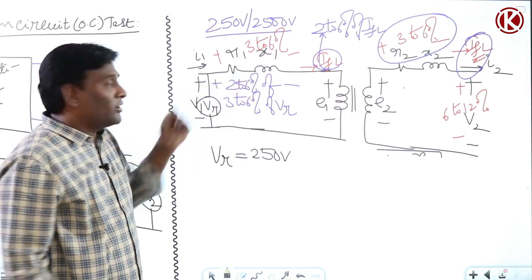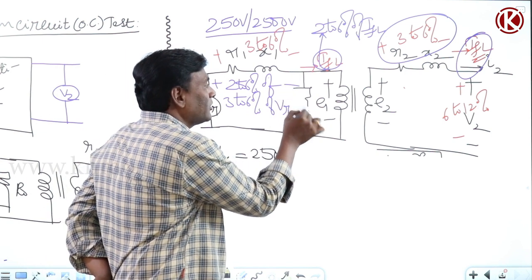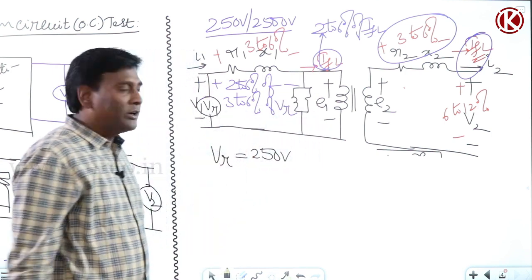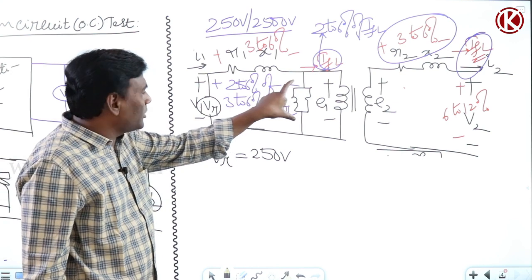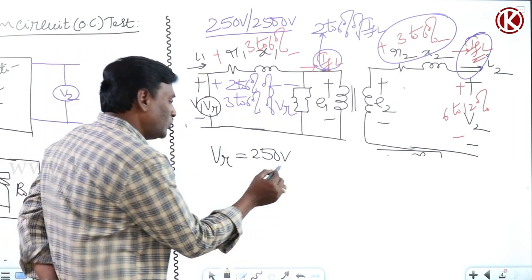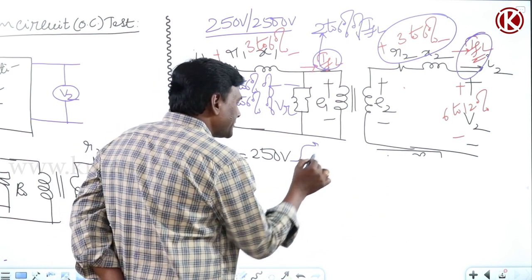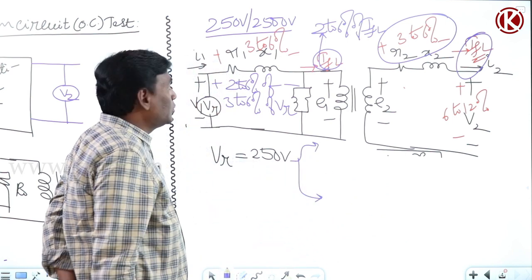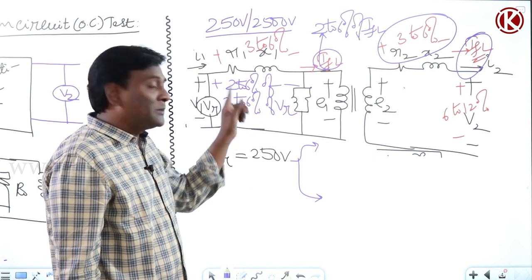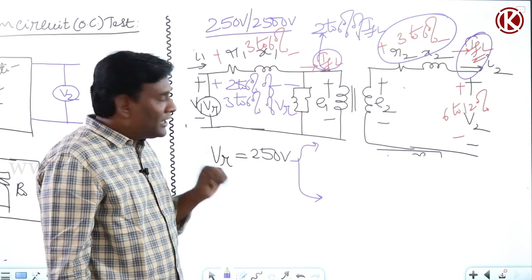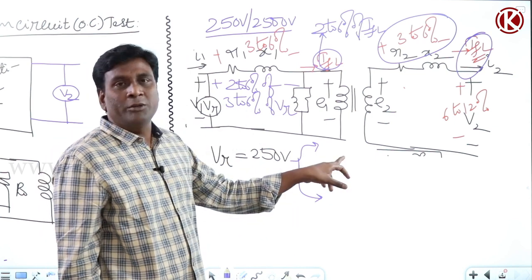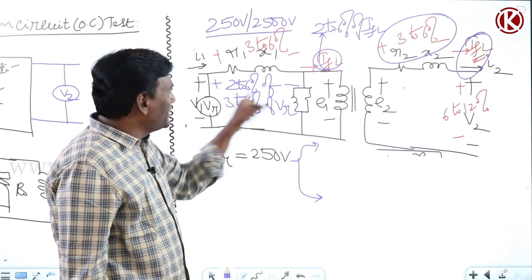Voltage drop across the series branch and voltage drop across the shunt branch. Voltage drop across this plus voltage drop across this equal to this. So in this 250, I have two parameters. What are those? 2 to 6% of 3 to 6% of rated voltage, and 250 minus this is going to be the other.